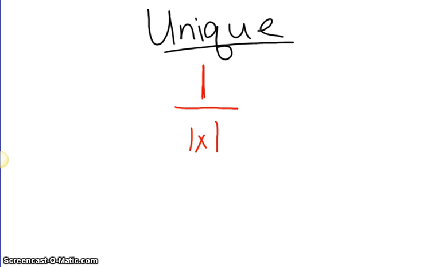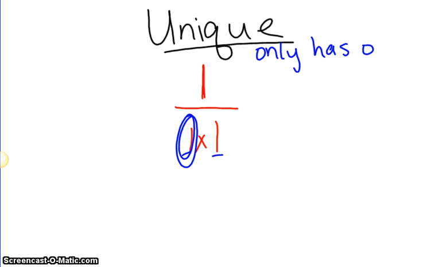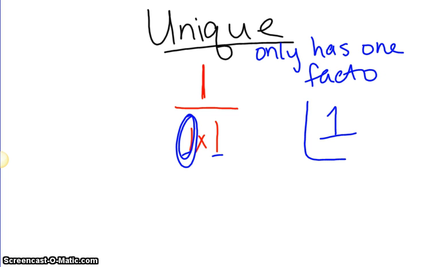No. So how many factors is that? Now, some of y'all want to say that's 2 factors, but that's not 2 factors because this number is the same number. So we don't count it twice. So the number 1 only has 1 factor. So a unique number only has 1 factor. And the only unique number is the number 1.